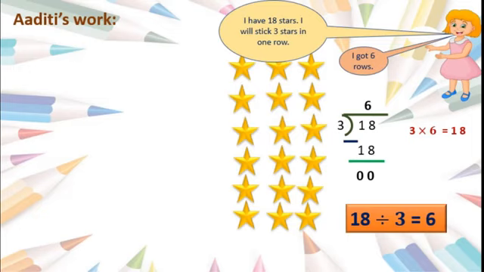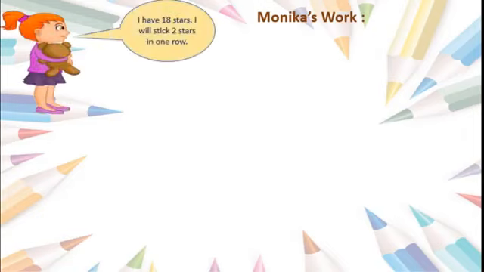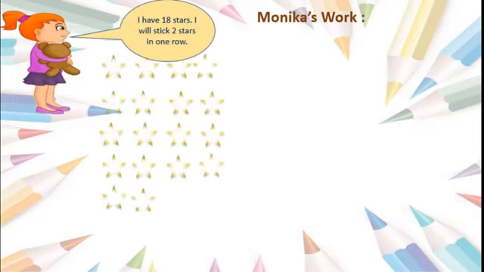Nice work, Aditi. Now we will go through Monica's work. We will see what she has done. Okay. Monica, what she is telling? I have 18 stars. I will stick 2 stars in one row. Okay, we will see.